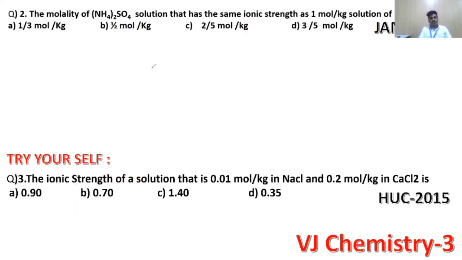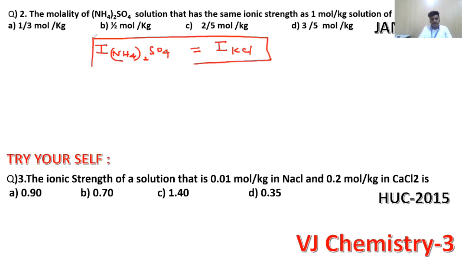The molality of (NH4)2SO4 solution that has the same ionic strength as a 1 molal, 1 mole per kilogram solution of KCl. In the question they have given that the ionic strength of (NH4)2SO4 equals the ionic strength of KCl. The statement is given in the question, right?